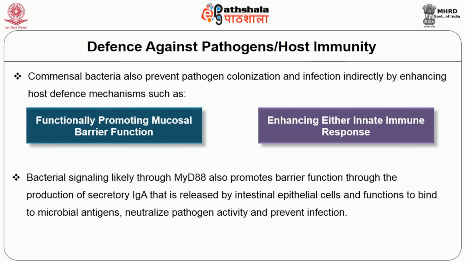Bacterial signaling, likely through MYD88, also promotes barrier function through the production of secretory IgA that is released by intestinal epithelial cells and functions to bind microbial antigens, neutralize pathogen activity and prevent infection.